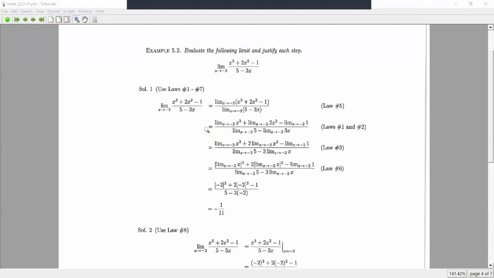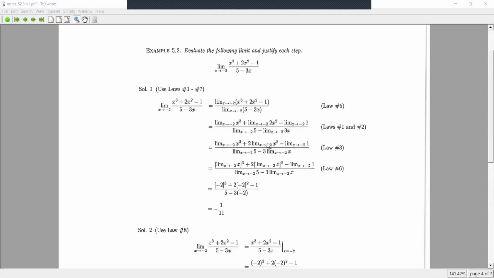So we have this equation. I can see that some limits are constant times a function, so I can move the constants outside the limits. So we have this equation.